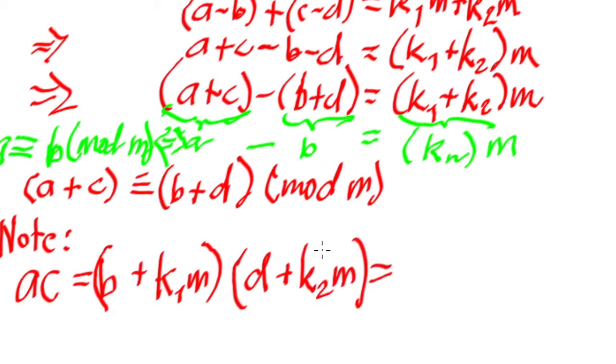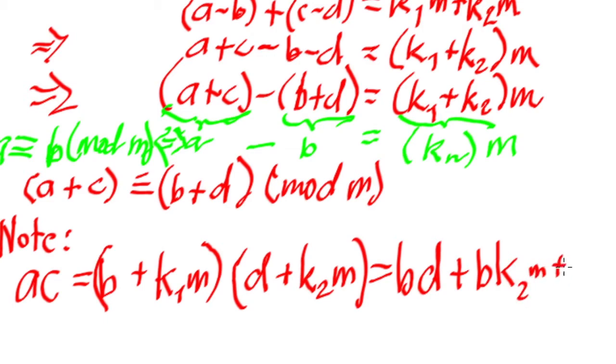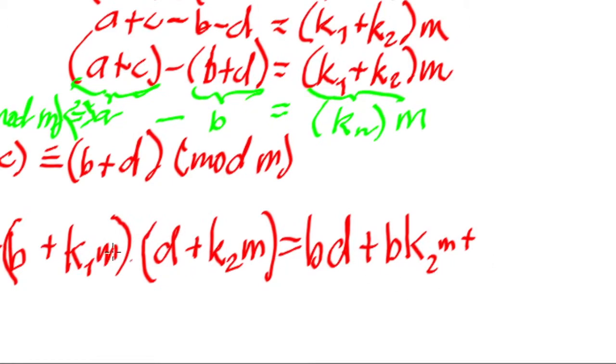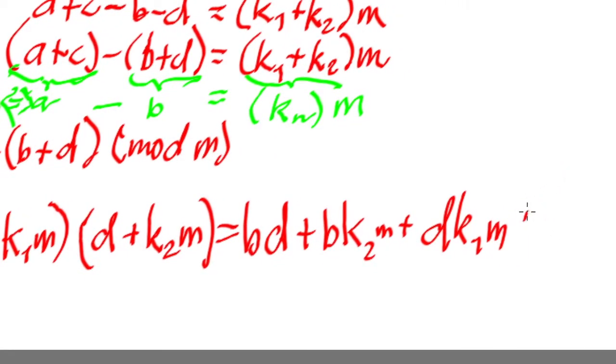Now, using the FOIL method, what we'll have is B times D plus B K sub 2 M plus, this is quite long, the inner terms D K sub 1 M, and the last term is K sub 1 K sub 2 M squared.